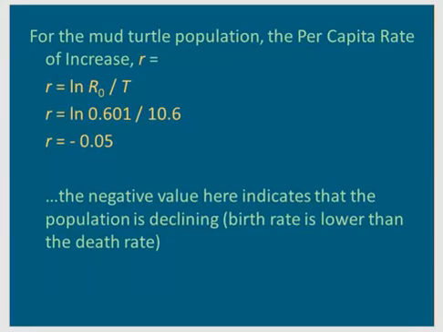And doing so yields an r value of negative 0.05. So because we have a negative value here, that means the population is declining. So birth rate is lower than death rate. You're not producing a high turnover of offspring that are replacing individuals that are lost, and therefore you're having a decrease in population.